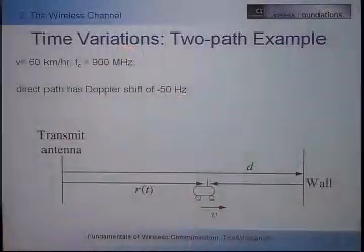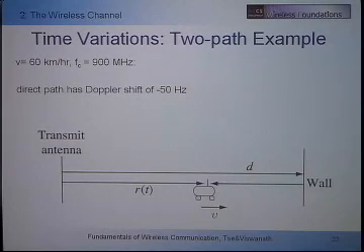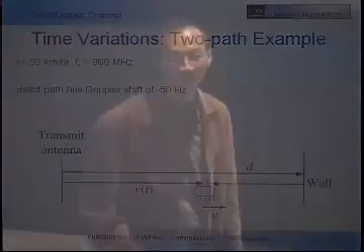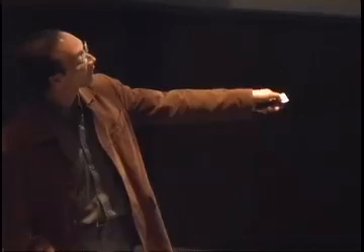Now, the more interesting thing is the reflected path. There's one reflected off the wall. And this path has a Doppler shift of what? Sorry? Plus 50 hertz. So the reflected path has a Doppler of plus 50 hertz. You have a wave compression here going towards the wall.